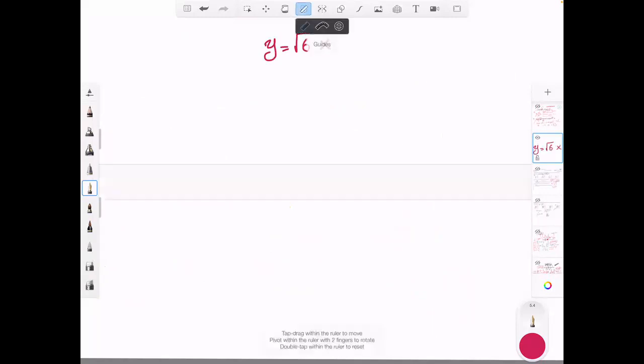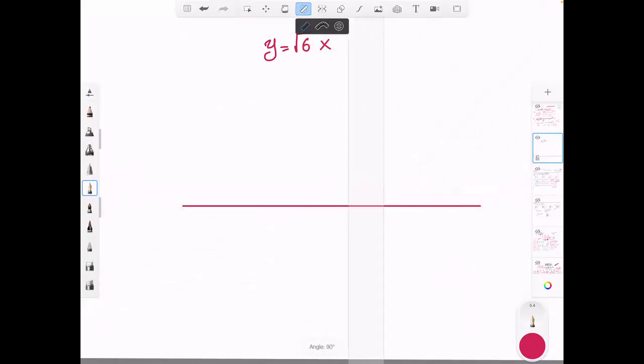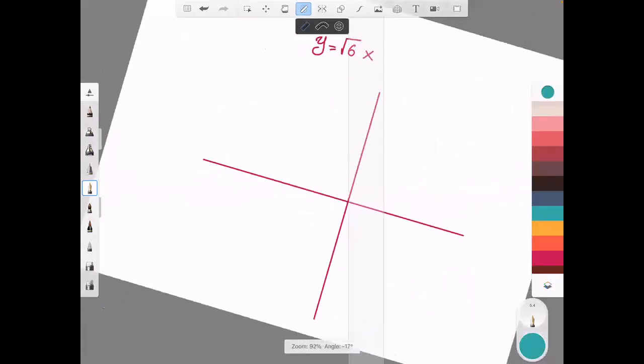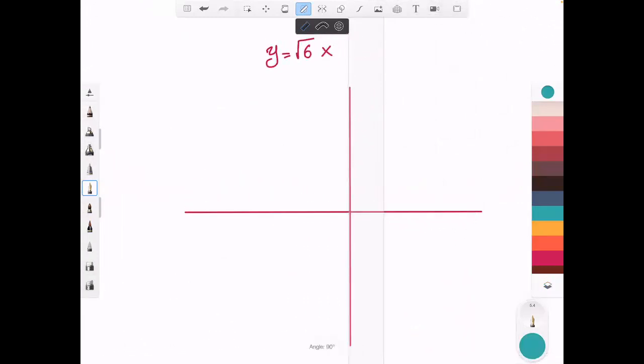This line is here. This is a line. Agree, Mario? Yes. This is y equal to root 6x.